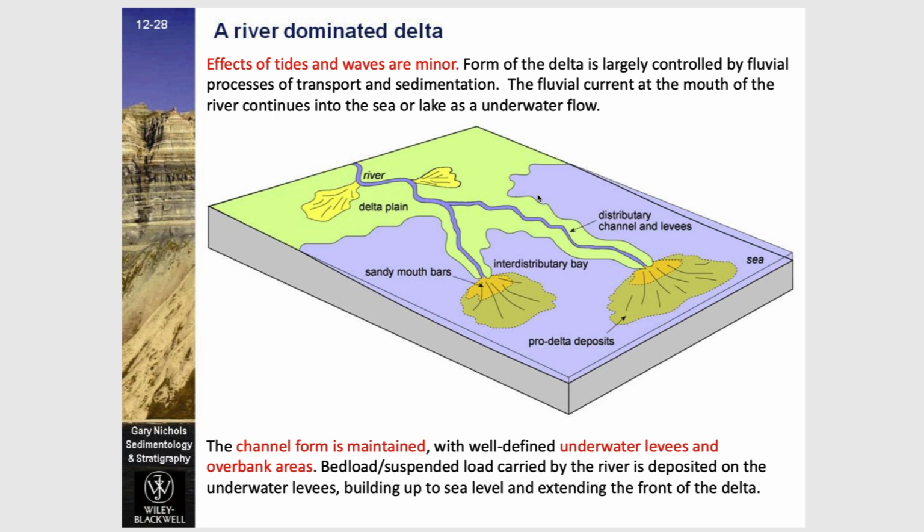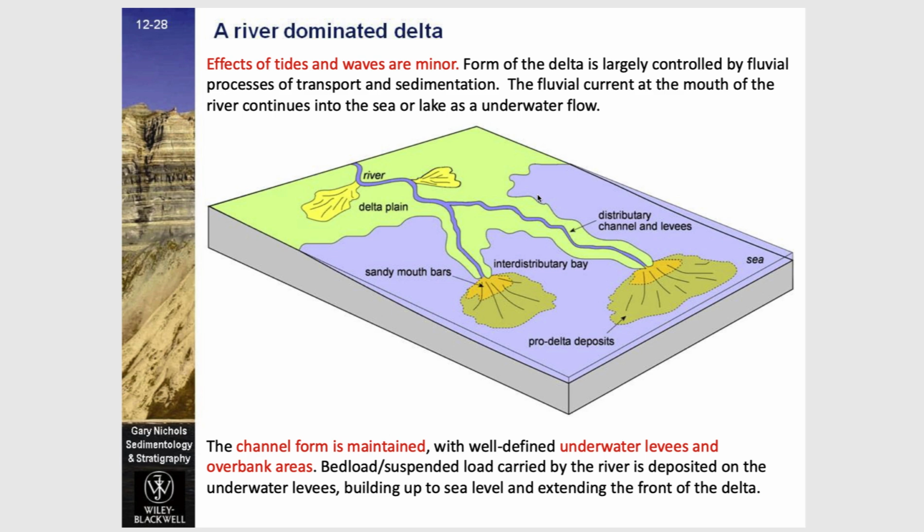This is an example instead of a river-dominated delta. So we are comparing those deltas like the Mississippi River, which often are little affected by tides and waves.